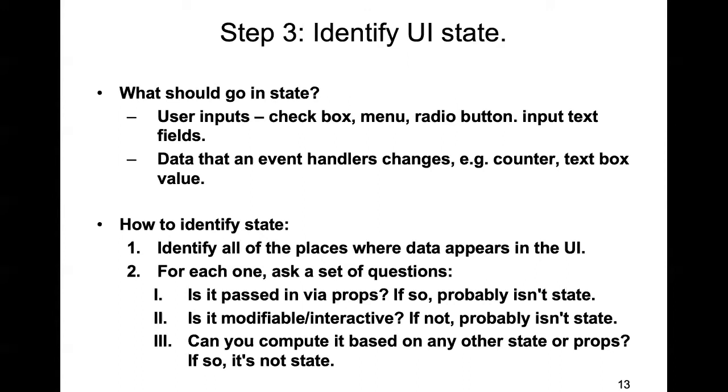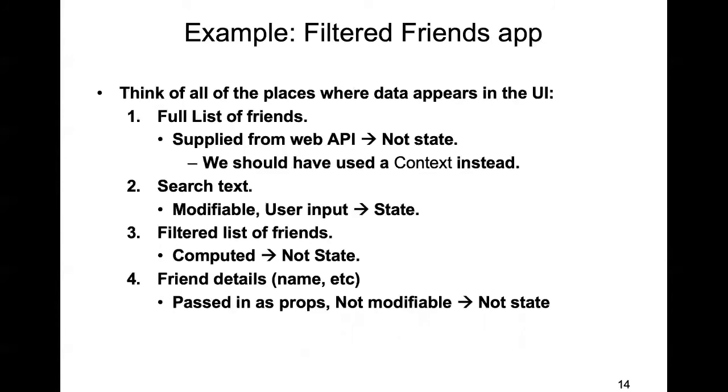Okay, so putting all of that together, if you think of the filtered friends UI in terms of the data that appeared on it, the only data that will really transpire to state is the text box. But just in terms of data, we had a list of friends. Well, the full list of friends actually is domain data or model data.